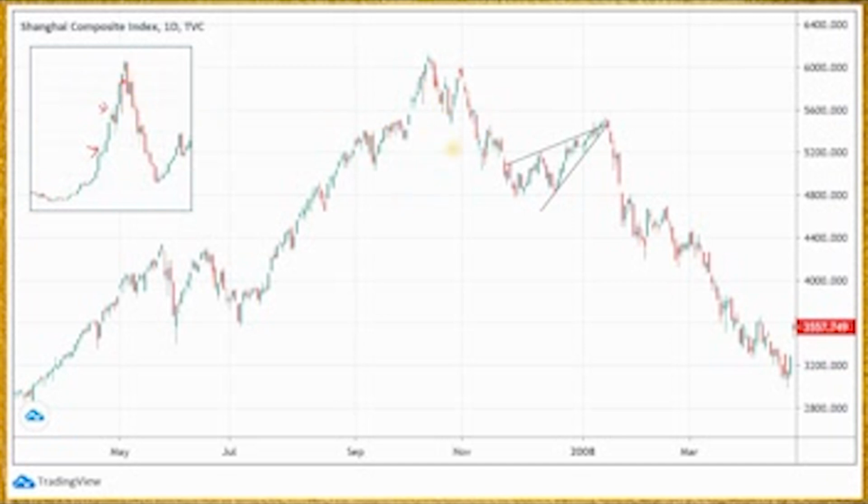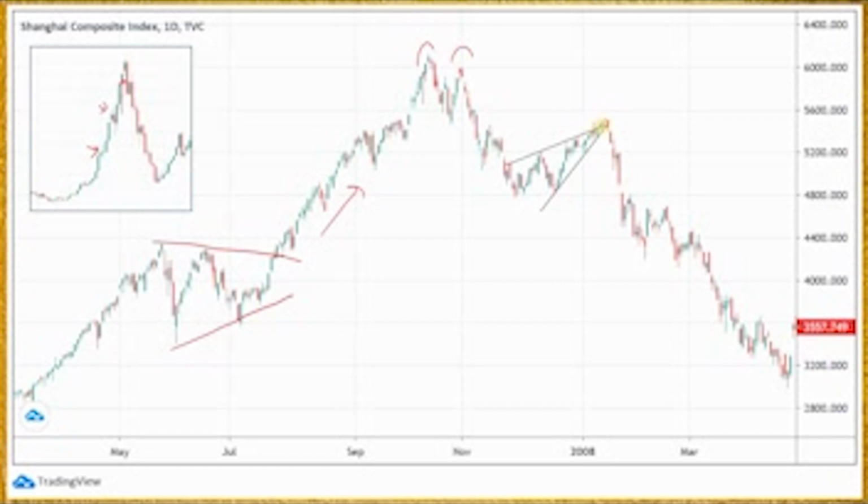So if we look at that on the daily scale, what happened? We seem to have what looks like a double top here. This is the consolidation that occurred before we made that second push up. It looks like a bullish triangle there. Once the double top had occurred, prices dropped, and again it looks like we got a little wedge.